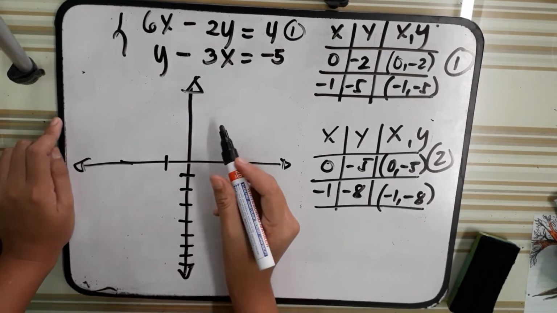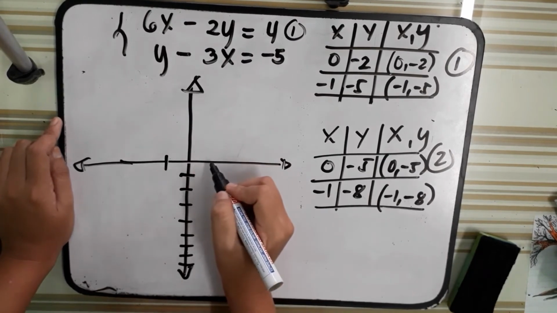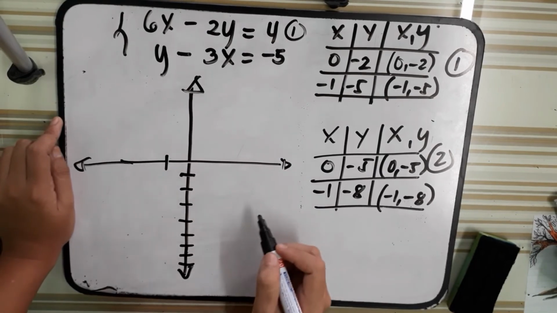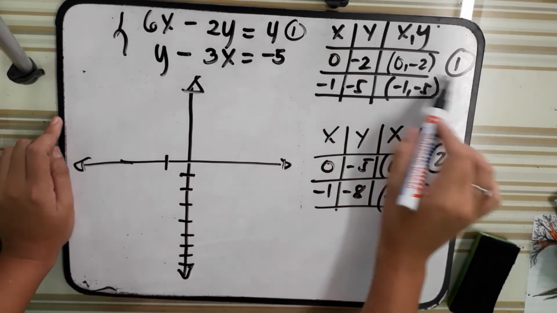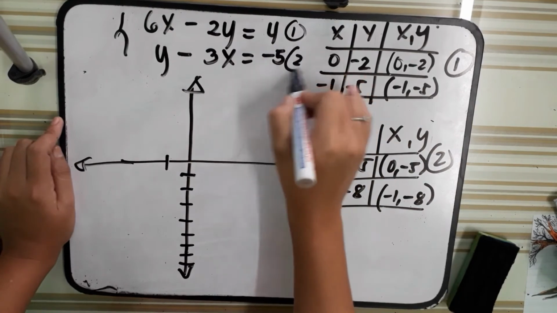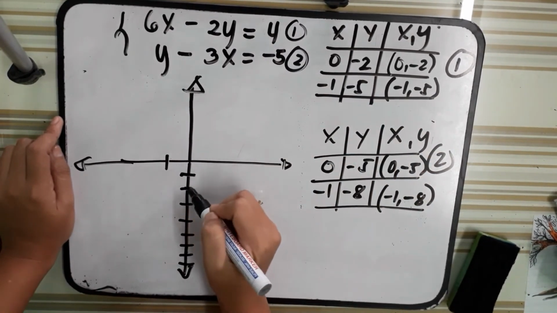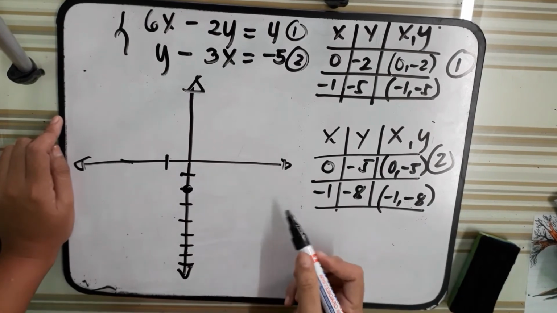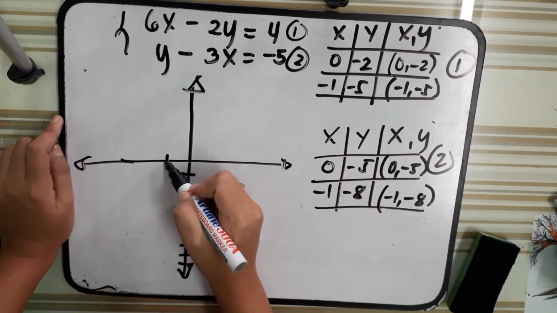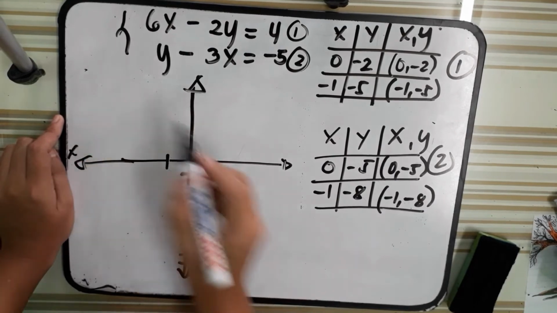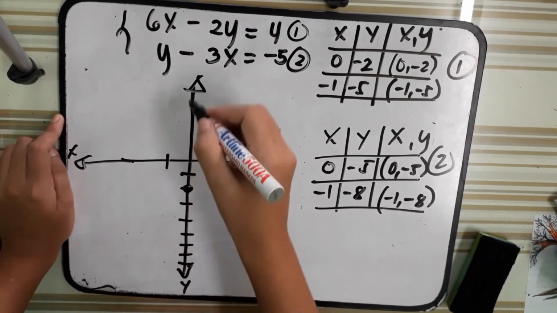And then, ready na tayo mag-graph. So, iunahin natin yung sa first equation natin. So, ito yung pangalawa. 0, negative 2. So, 0 ay nandito. Si negative 2 ay nasa baba. So, dito natin siya i-graph. Next, si negative 1 ay nandito sa kabila ng ating x-axis. So, this is the y-axis. Huwag kalimutan, naka-vertical siya.